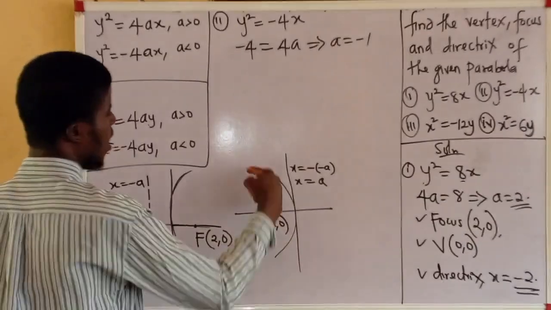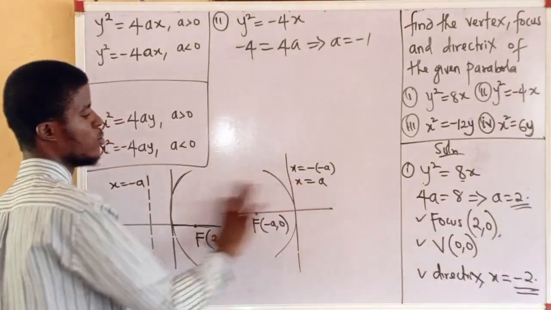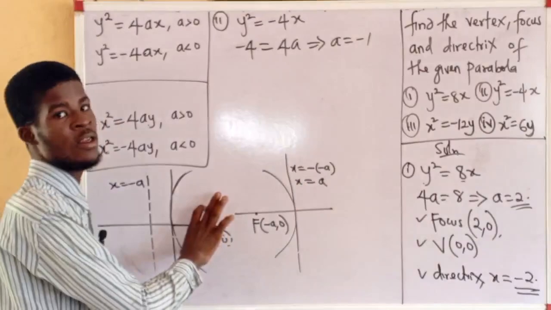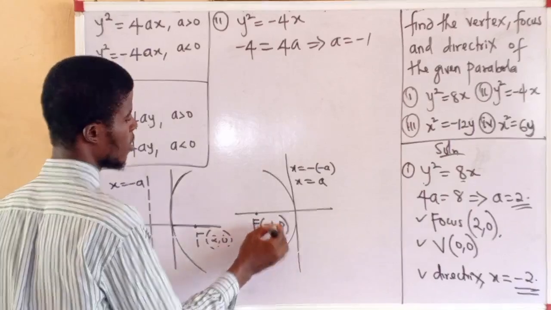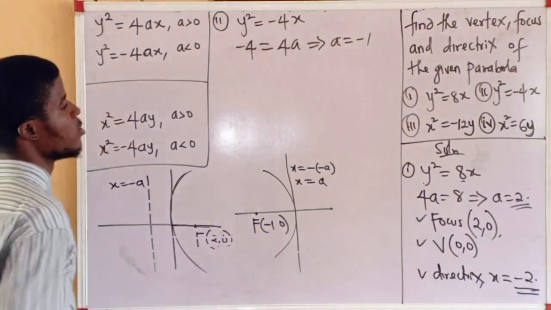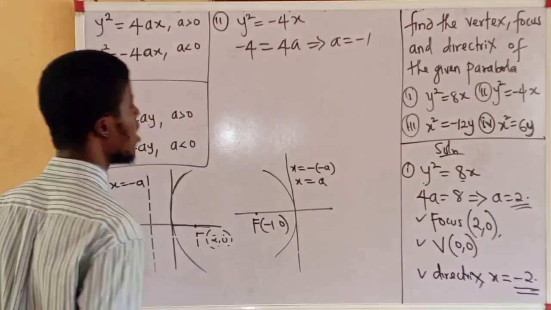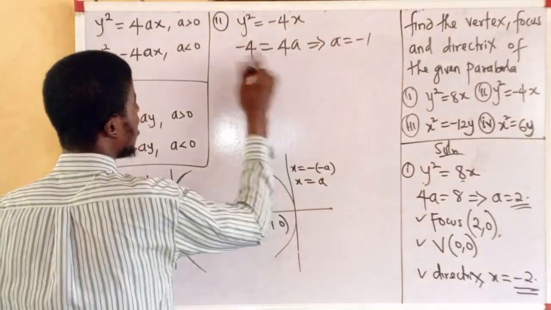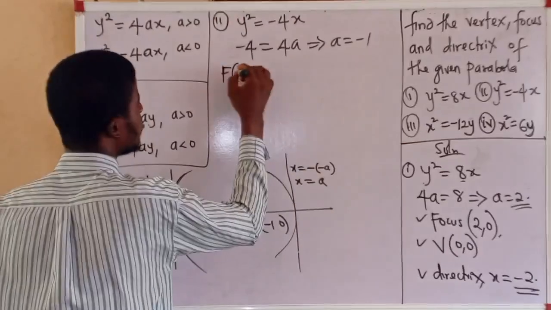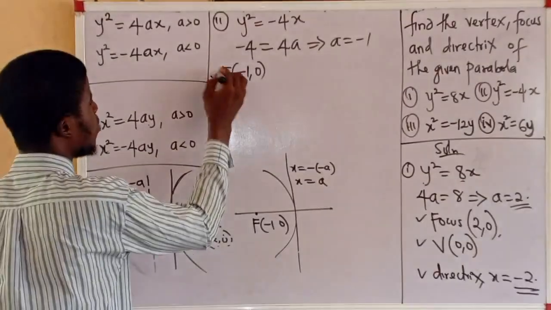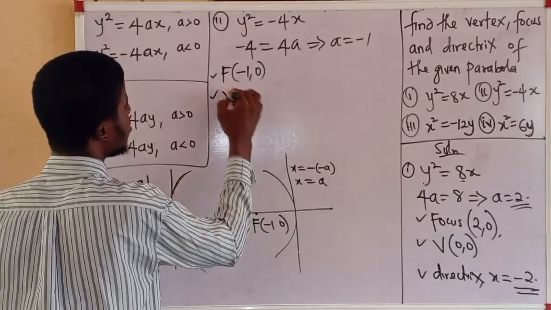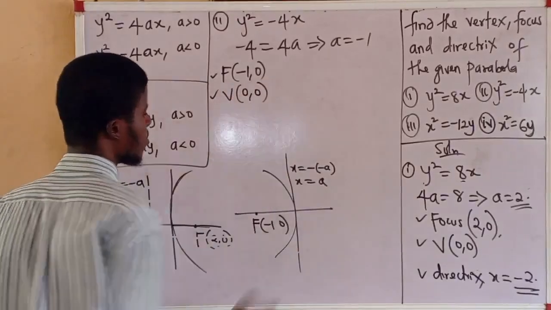That means we have this kind of parabola that opens or faces the left. So let's say this is minus 1 and 0. It is easy to say that the focus of this parabola has the coordinate minus 1, 0. The vertex is still at the origin.